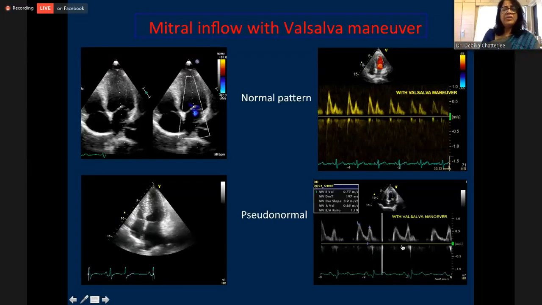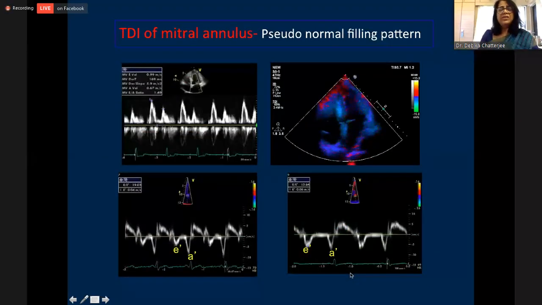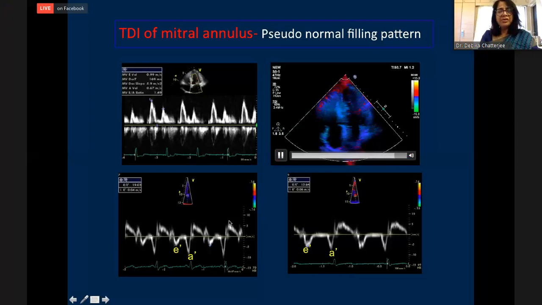Or we can utilize the tissue Doppler velocity. In a normal patient where E is more than A, the tissue Doppler velocity both at the septal and the lateral annulus will show E prime more than A prime, as you can see. But in case of a pseudonormal pattern, it never lets us down.